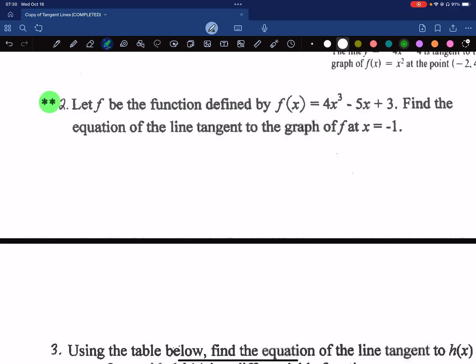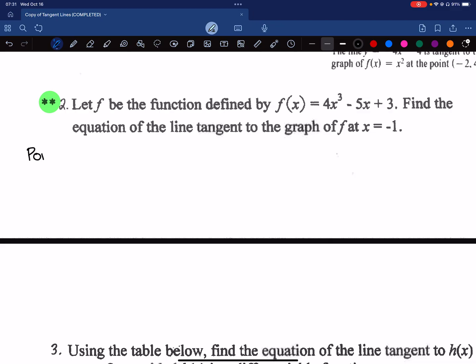Okay, number 2 was a previous AP test question. So this one's going to be important, something you could see on test day. So here we go. It says let f be the function defined by f of x. Find the equation of the line tangent to the graph at x equals -1. So again, you need two things to write the equation.